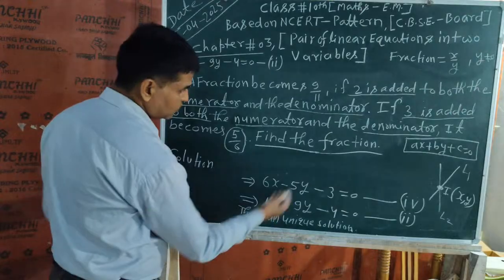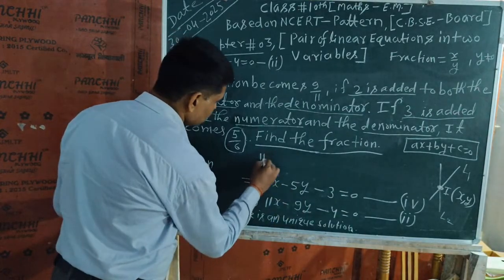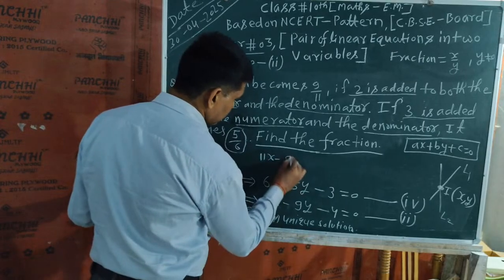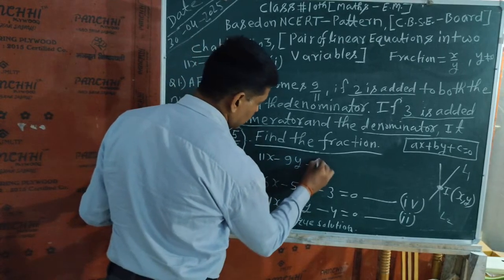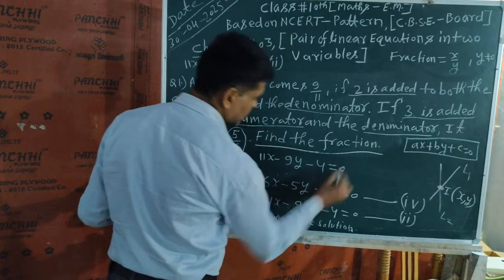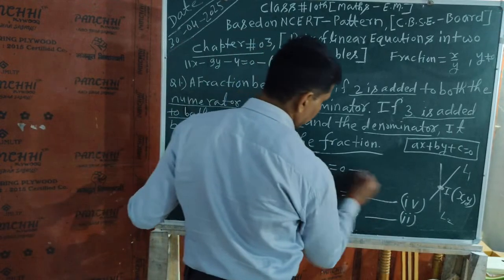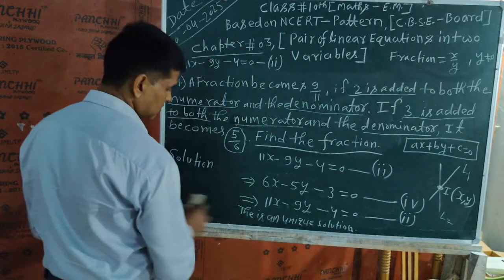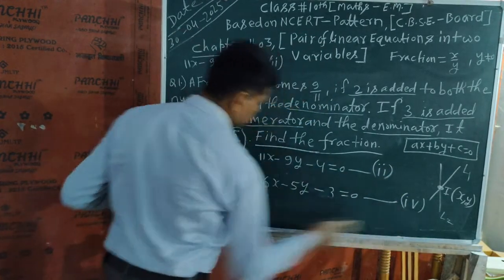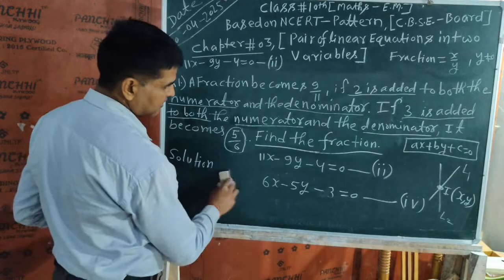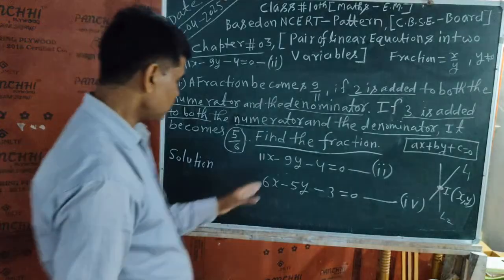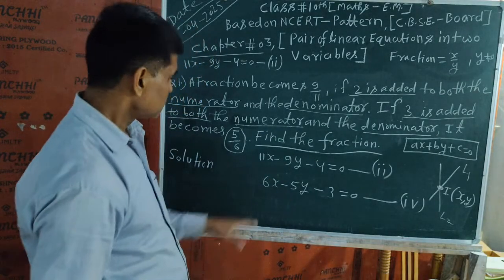First I will write equation number 2. Equation number 2 is written like this: 11x minus 9y minus 4 equals 0, and I have written it here as equation number 2. I am going to erase this, and equation number 4 is available here, so there is no need to erase it.